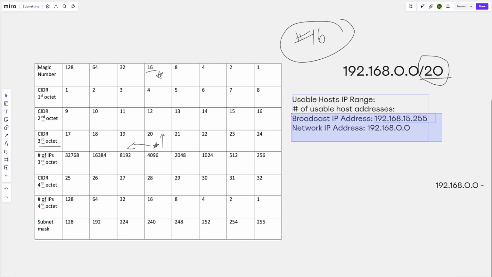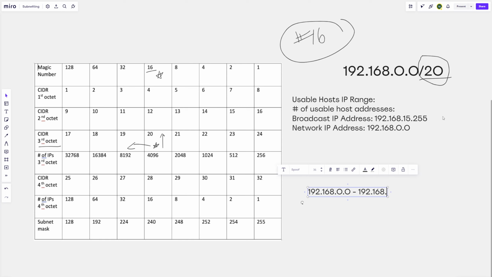Note, once again, we cannot use these two addresses, the broadcast and network IP address, as hosts. And so now we're going to move over to the usable host IP range. This is pretty simple. All we have to do is take the network IP address, 192.168.0.0, and the broadcast IP address, 192.168.15.255, which we found once again by adding our magic number and subtracting 1.